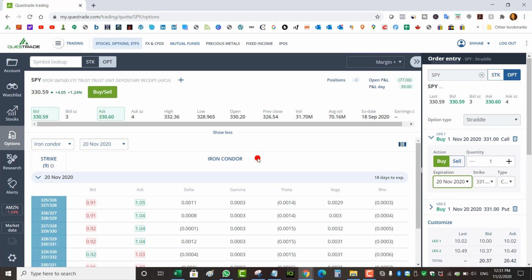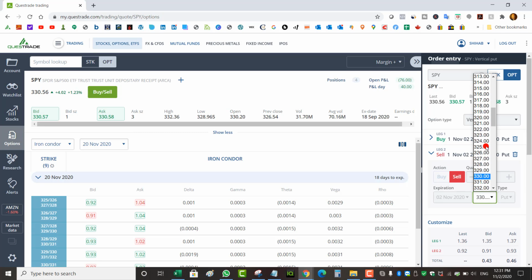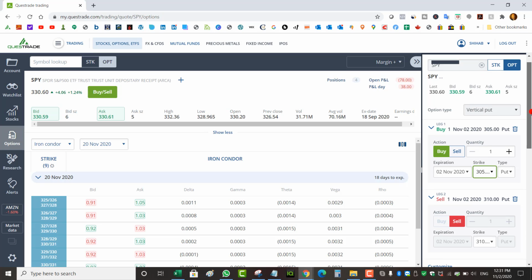So what I like to do is I'll sell a put spread 20 points lower than the current market price. So I'll go to 310. I'll go back to vertical put, and then I'll sell a 310 put option, and I'll buy the 305 put option, and that'll be my put credit spread because I'm selling.